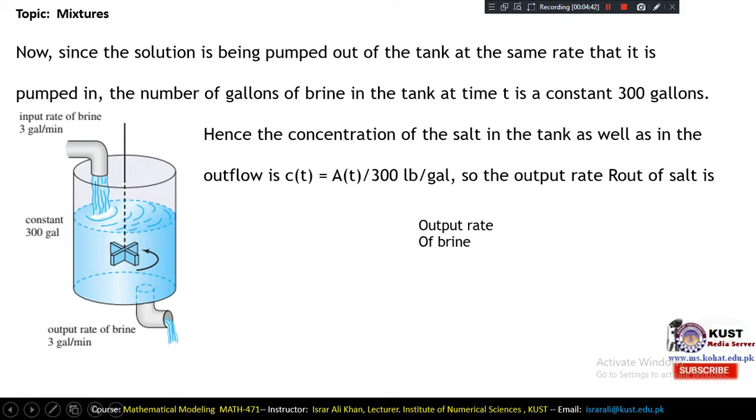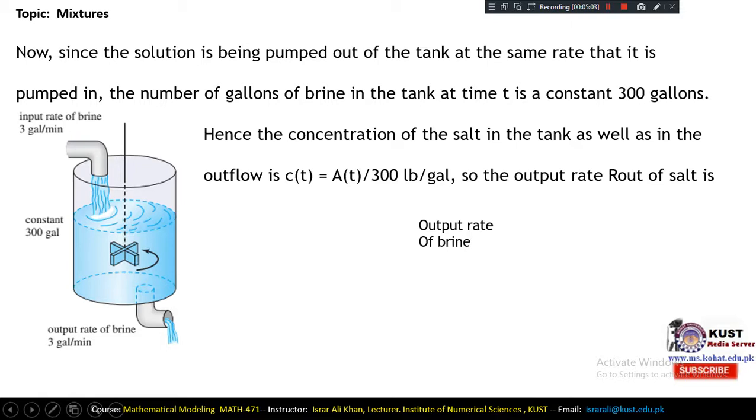And now since the solution is being pumped out at the same rate that it is pumped in, the number of gallons of brine in the tank at time t is constant, 300 gallons. The inflow rate of the solution and outflow rate of the solution are both the same.